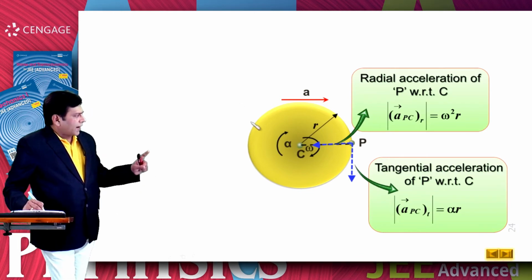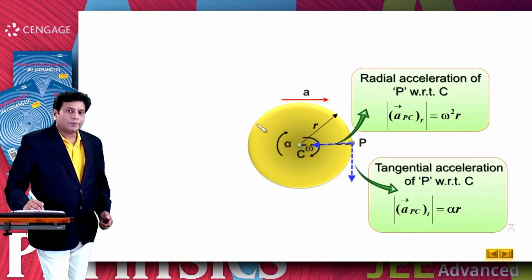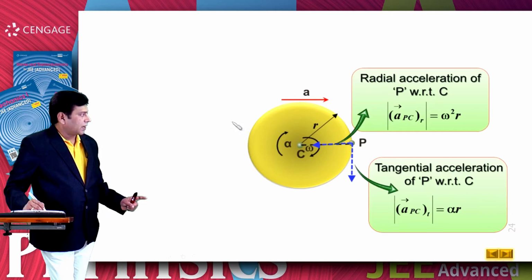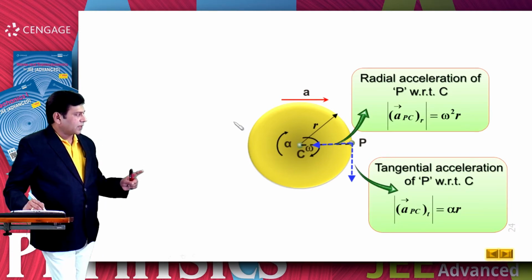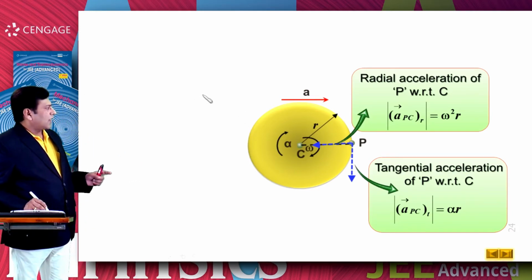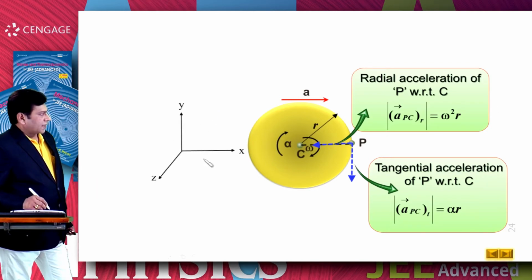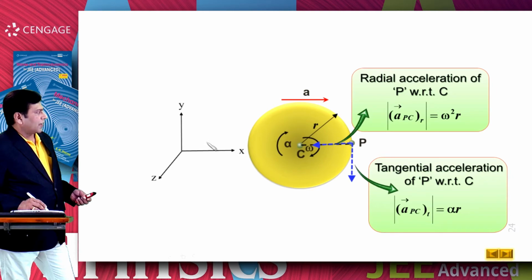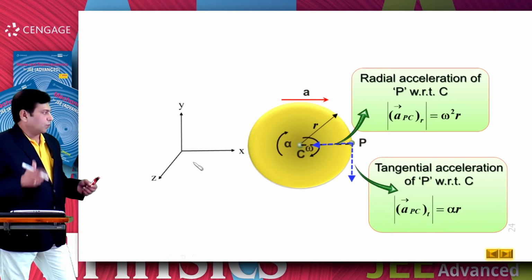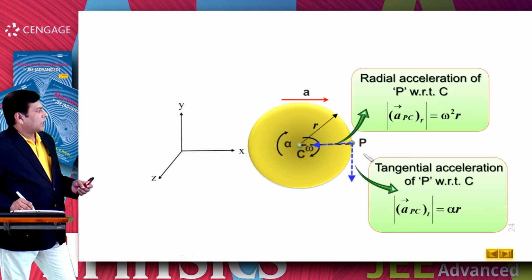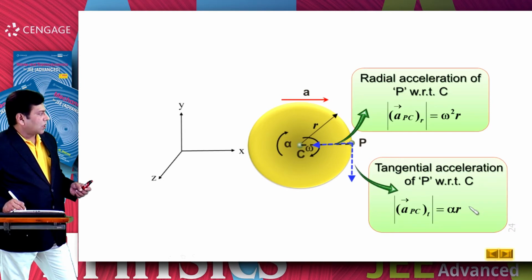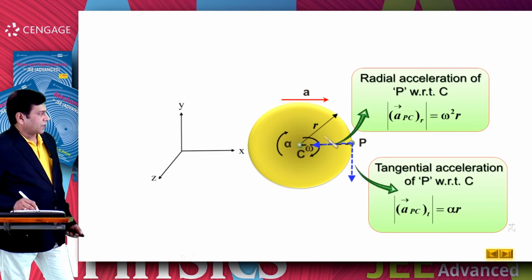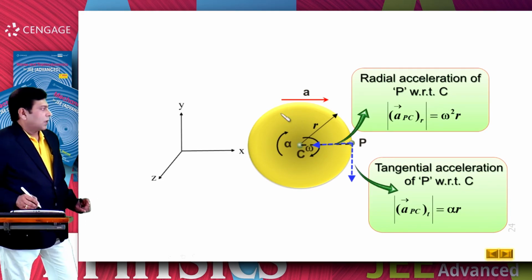Now let us write these accelerations in the vector form, and to write this in vector form, we need to assign the axes. X-axis in rightward direction, y-axis in the upward direction, and z-axis toward you. So here this acceleration is along the minus y direction, and this acceleration is along the minus x direction, correct?